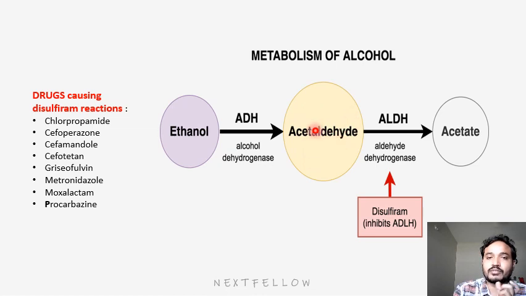It will cause symptoms like flushing, headache, vomiting, visual disturbances and mental confusion. Based on these symptoms, the patient will develop an aversion to alcohol consumption. So this is beneficial in psychologically dependent patients and contraindicated in physically dependent patients.